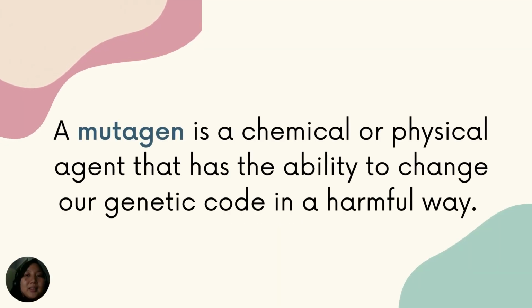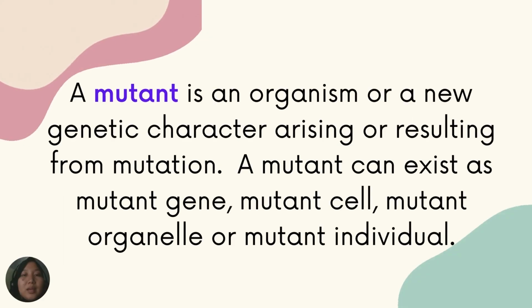All right, and then the second term, mutagen. What is a mutagen? A mutagen is a chemical or physical, or I should add biological agent that has the ability to change our genetic code in a harmful way. And then the last one, mutant.